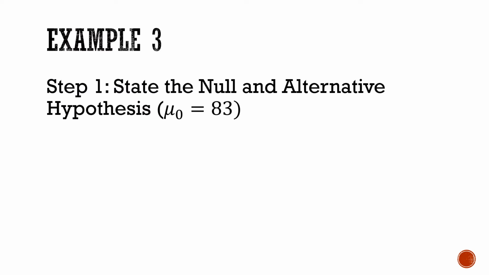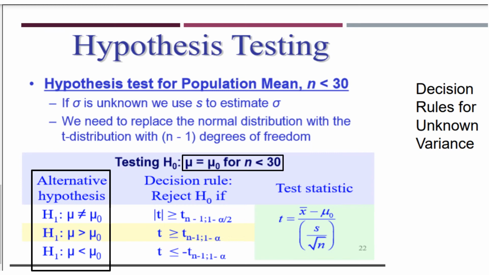Now we are going to state the null and alternative hypotheses. So here we have the guidelines in constructing or stating the null and alternative hypothesis for population mean and the sample size is less than 30.